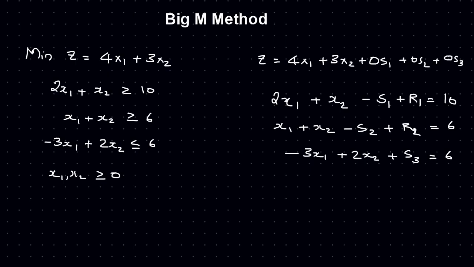But we have two artificial variables also, and for the artificial variables we introduce a coefficient M, where M is a large number, any large number. So we have M r1 plus M r2. This will be our new objective function, and these are the constraint equations in the canonical form.